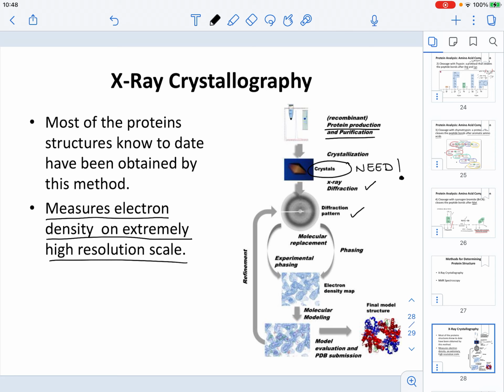And after you have molecular replacement and experimental phasing, which are just the steps that happen, at least at the computational level, you are going to be repeating the step until you have the final model of the structure. The main thing that I want you to get out of the technique is that in X-ray crystallography, we need a crystal. And in this technique, we're going to measure the electron density at high resolution.